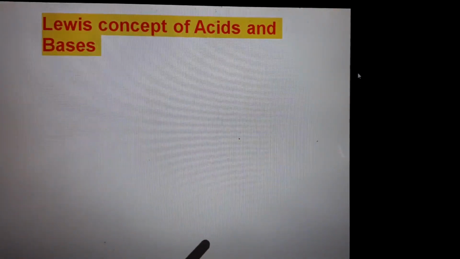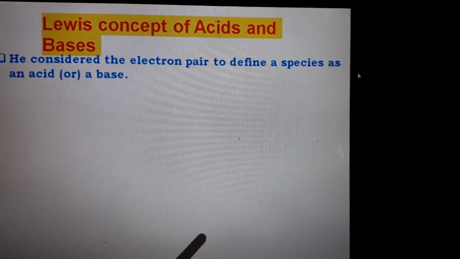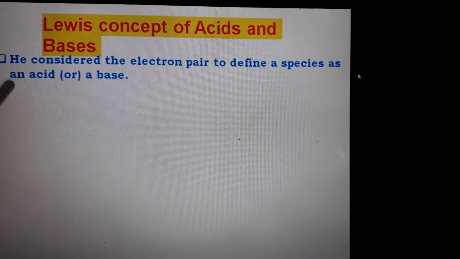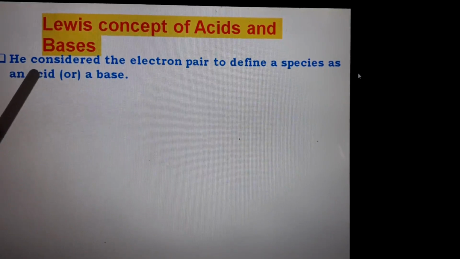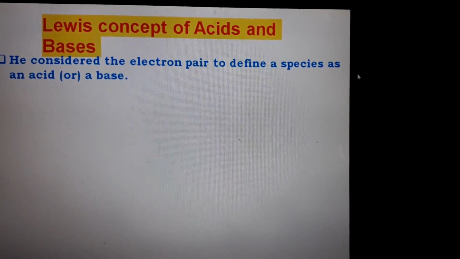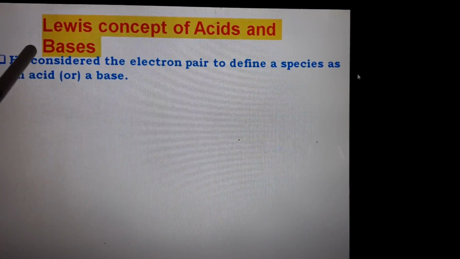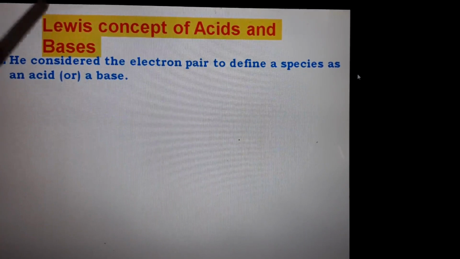Next, Lewis concept of acids and bases. This is another example for a 3 mark question or 5 mark question. Now we see the topic of Lewis concept of acids and bases.